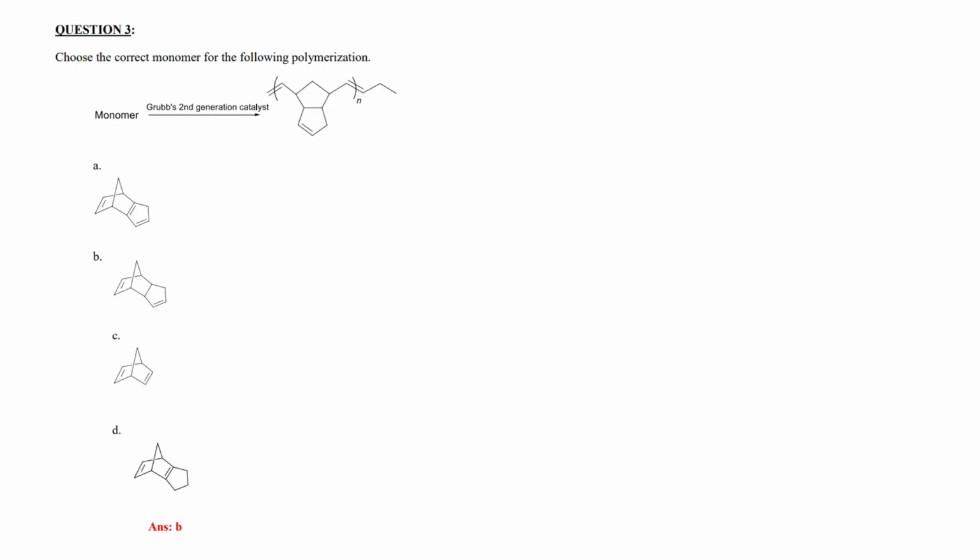Now coming to this, they want to know the right monomer for making this kind of scaffold. So let's look into it one by one. With the first given option, let's start the mechanism so that we can verify the option. This is your monomer, and here your Grubbs catalyst would react like this, followed by ring opening.